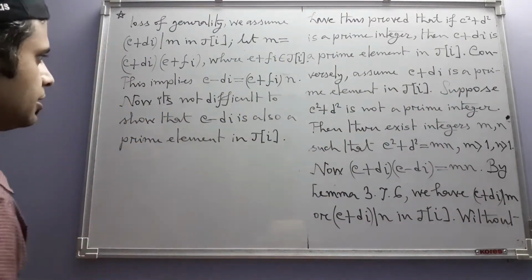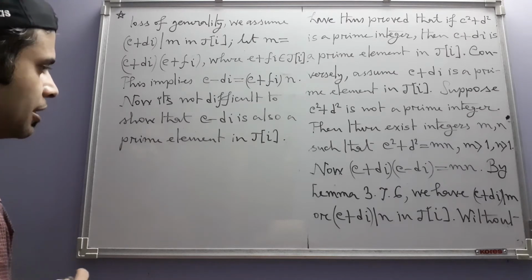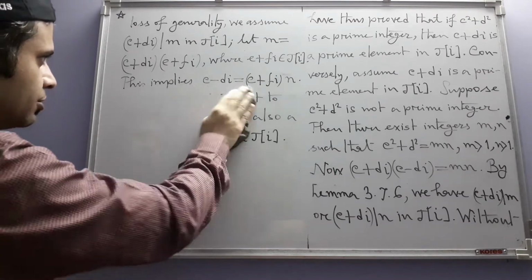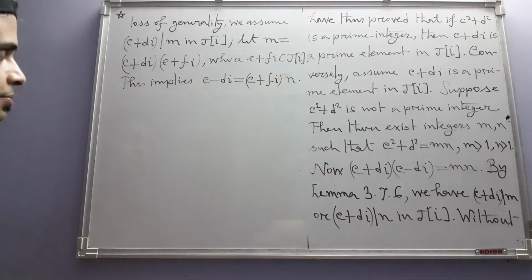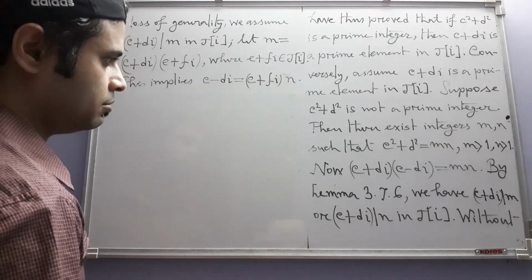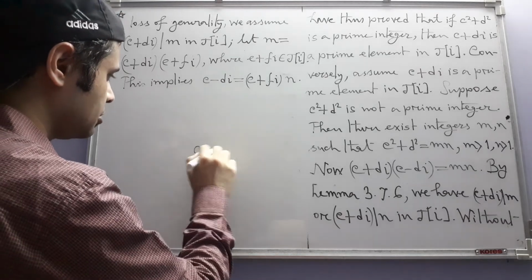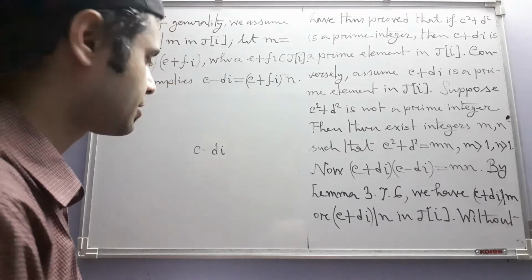I am saying that it's not difficult to show that C minus di is also a prime element, but I myself cannot show it now. Okay, let us see. That means we have to supply an argument now itself. C minus di, we have to prove, okay, let me just try.